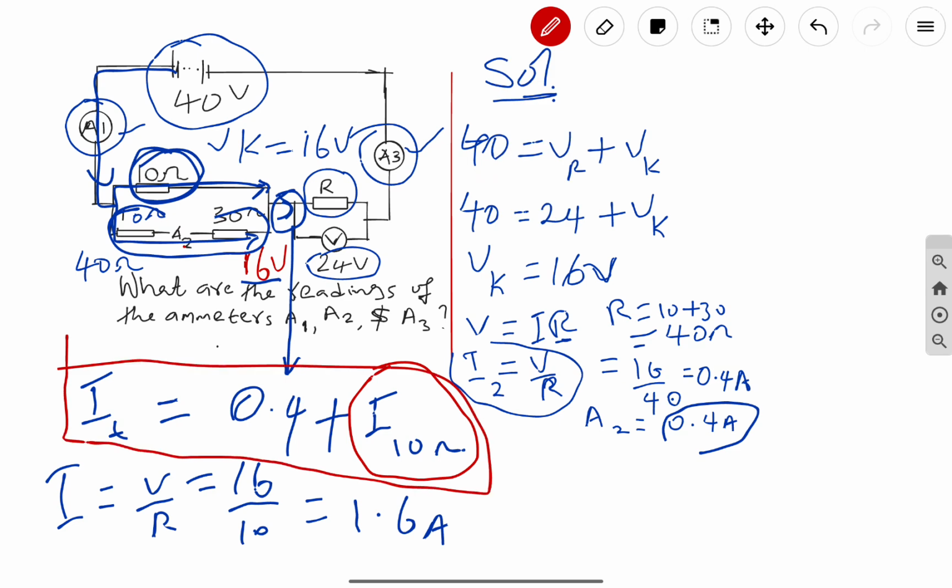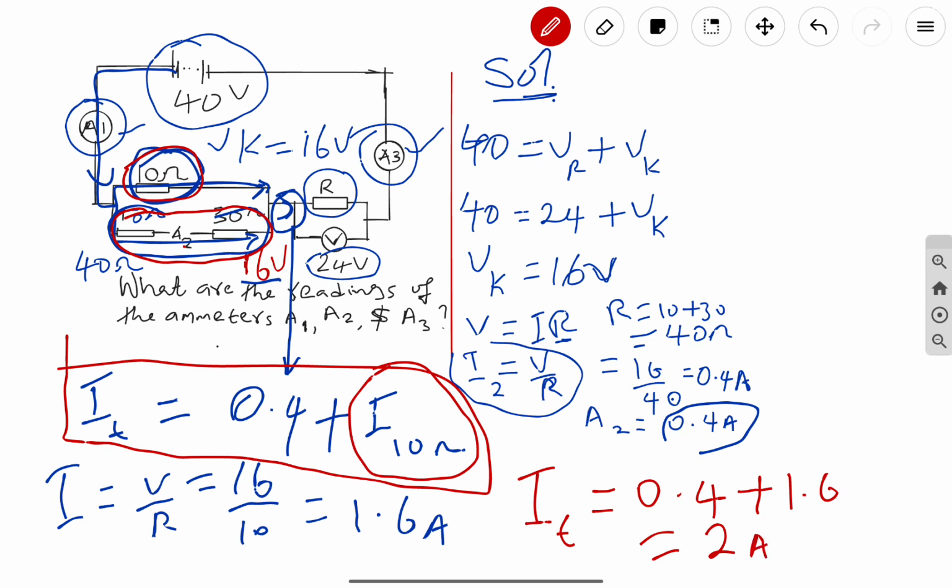Now the total current in the circuit, I total, is going to be 0.4, which is the current across this branch of the circuit, plus the current across this branch, which is 1.6. And then we are going to have 2 amperes.